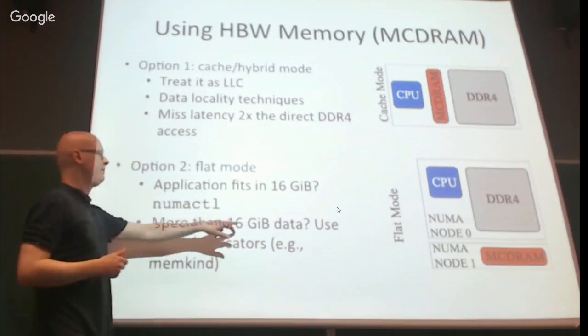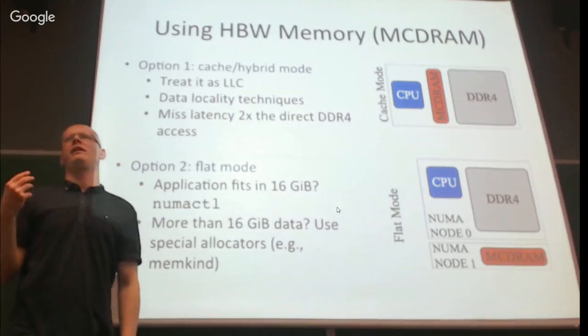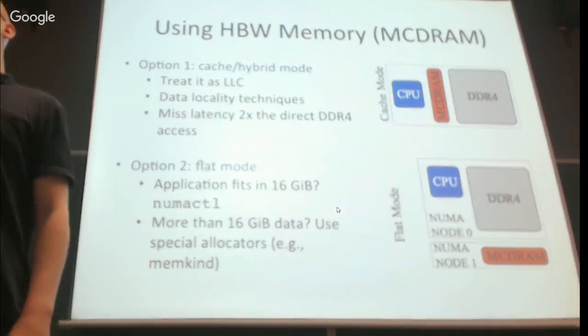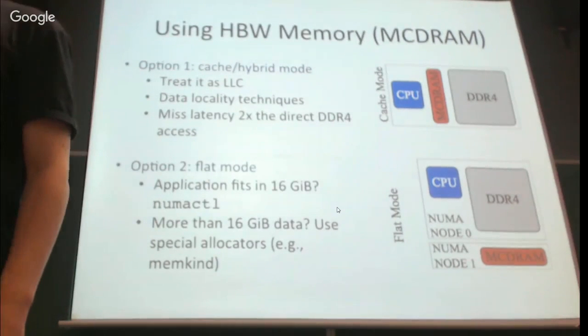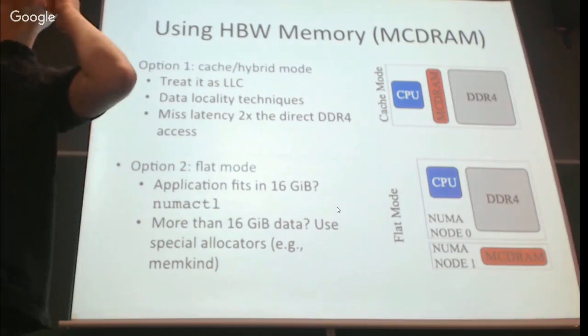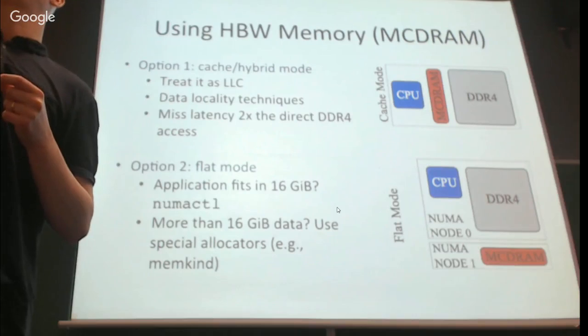More than 16 gigabytes of data, use special allocators. Okay, so these come by way of a library called memkind. It's an open source library. You can download it from GitHub. And what that allows you to do is allocate your data structures in MCDRAM. Okay, so that's for C. If you're using Fortran, there are directives to do that.